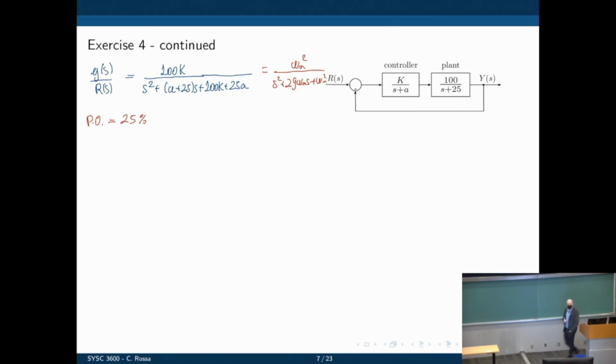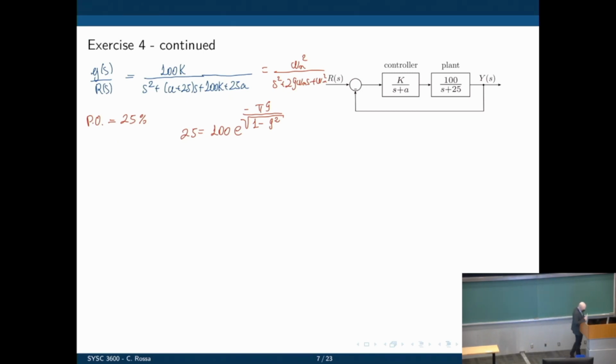With the percent overshoot, we can identify the damping ratio that will lead to 25%. And to do that, we can simply equate this to the equation for the percent overshoot, which is 100 exponential of negative pi zeta divided by the square root of 1 minus zeta squared. Now notice here that I use 25% as 25, not 0.25, because that 100 is already there to account for the percentage.